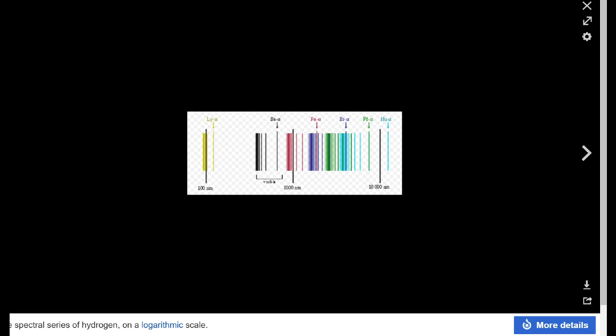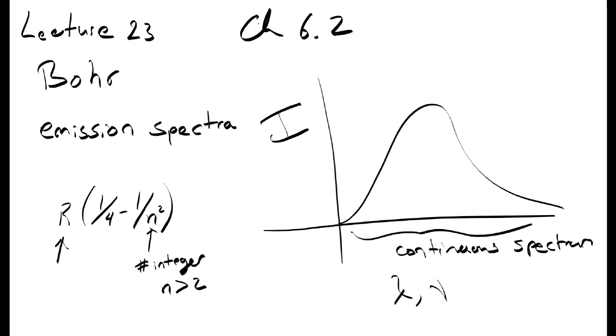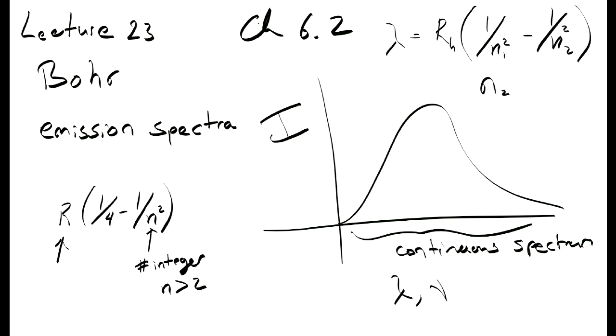Eventually, somebody came along who saw the pattern and realized that the wavelength could be predicted as long as it matched the function 1 over n1 squared minus 1 over n2 squared, where n2 is greater than n1, and both are integers.